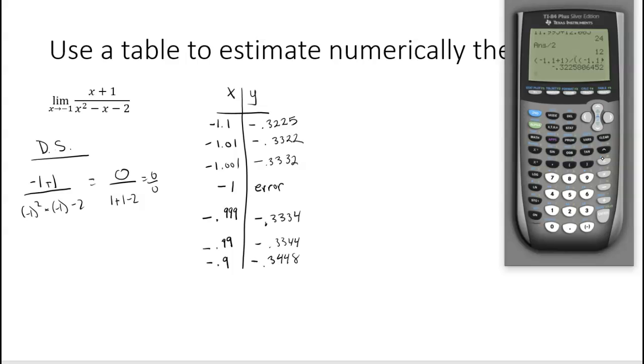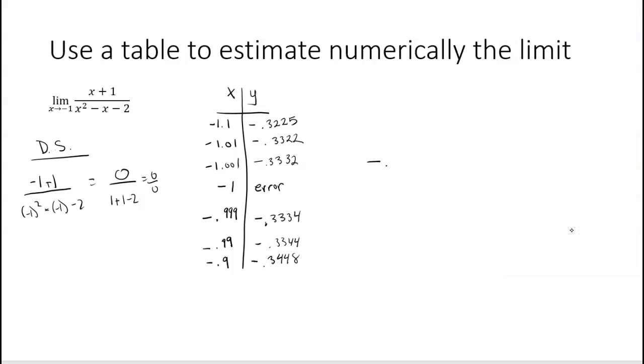And again, I'm going to take the negative 0.3332, and I'm going to add that with negative 0.3334. I'm going to divide that by 2, and I'm going to get about negative 0.3333. That makes sense, right? That kind of falls in between these numbers, right?